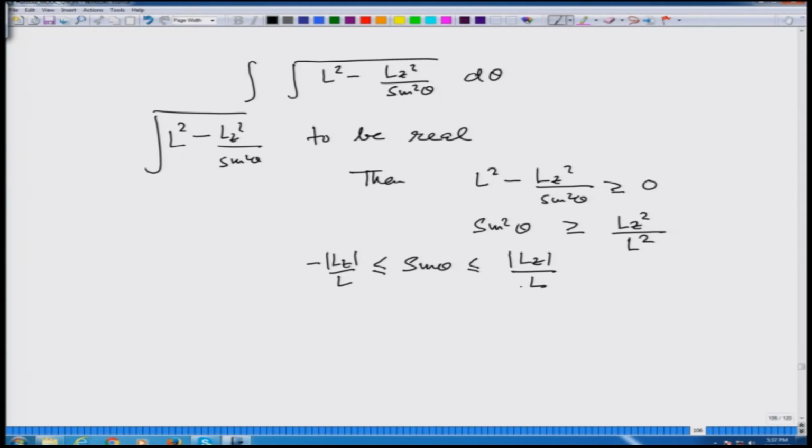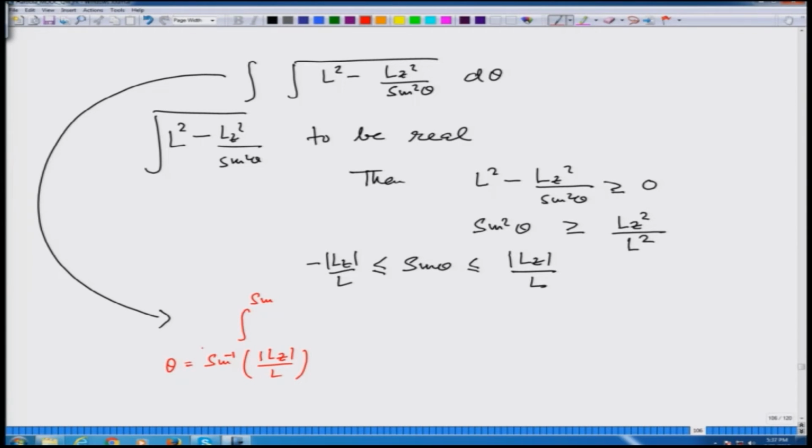And therefore, this integral becomes the integral from theta equals sin inverse of mod Lz over L to sin inverse of mod Lz over L of the square root of L squared minus Lz squared over sin squared theta d theta.